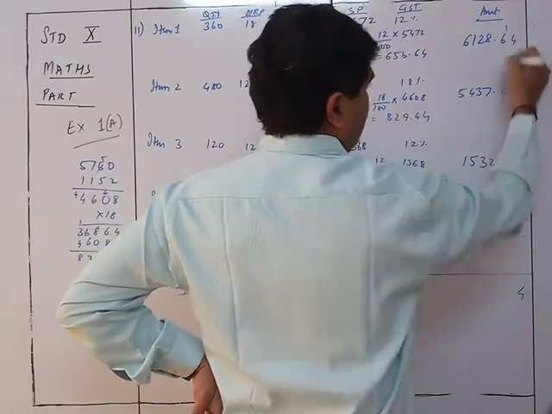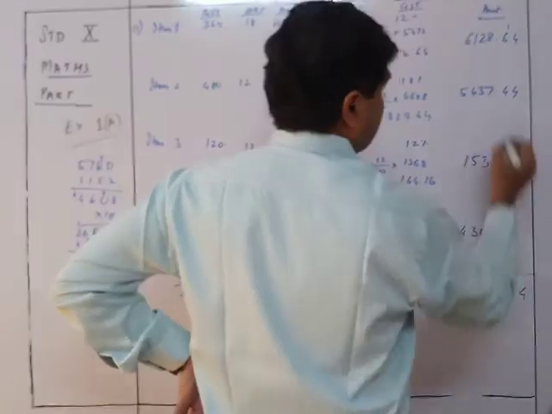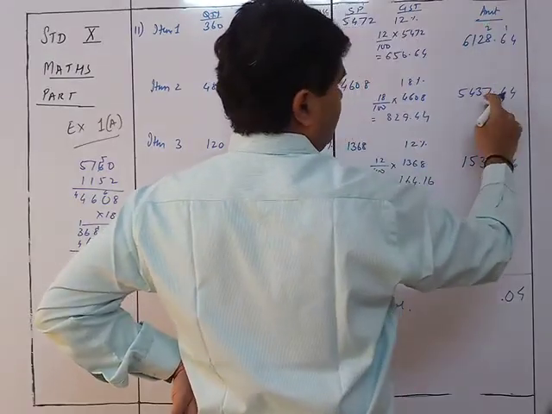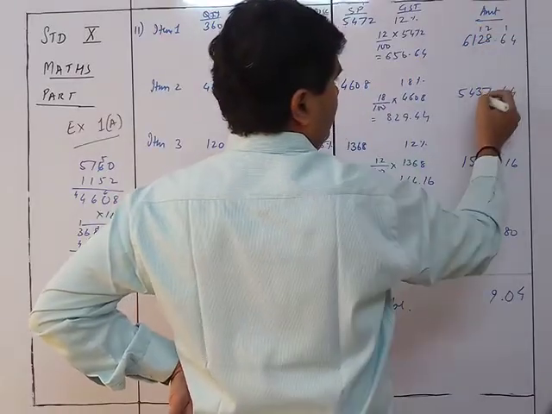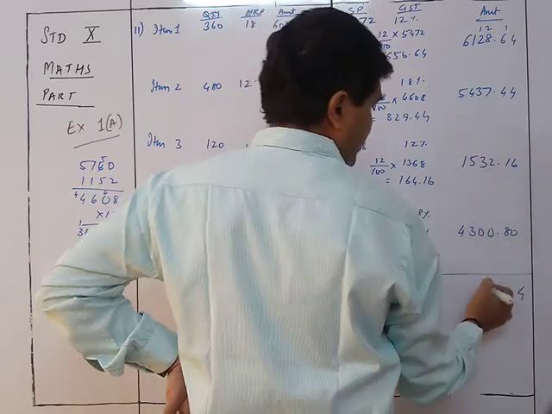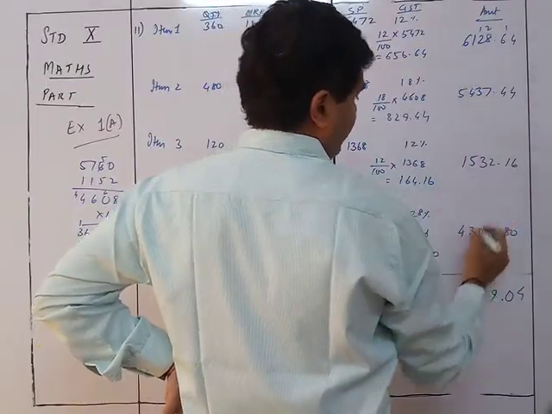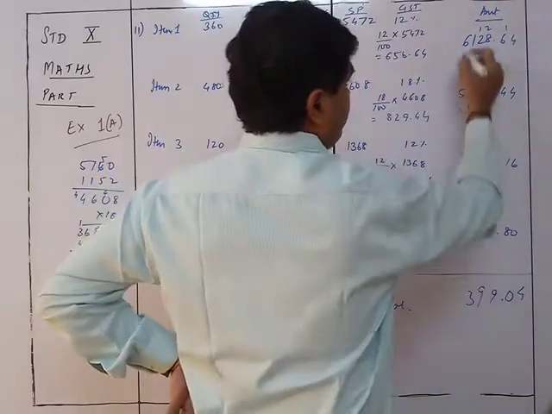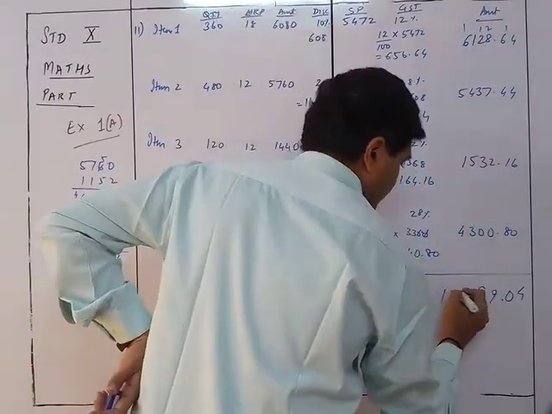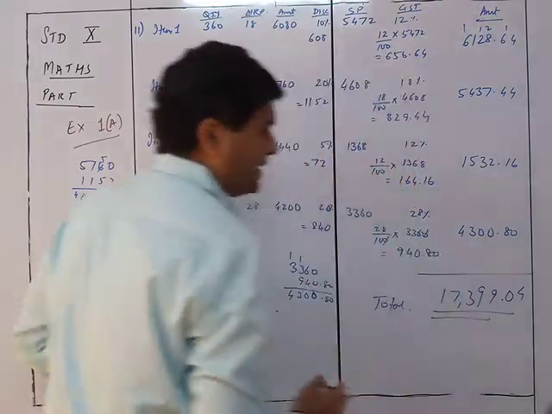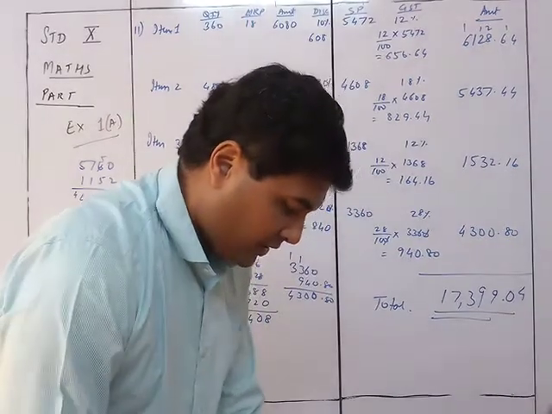So 6 for 10 again, 11, 12. 12 is 20, so that is 2, 10, 17, 18, 19, 19, 1, so 3 plus 3, 6, 6 plus 3, 9, and then it will be 1, 5, 5, 10, 13, and 6, 12, 13, 14, 15, 16, 17. So 17,399.04 should be the answer for sum number 11.